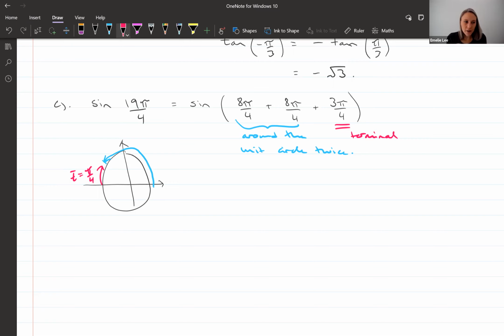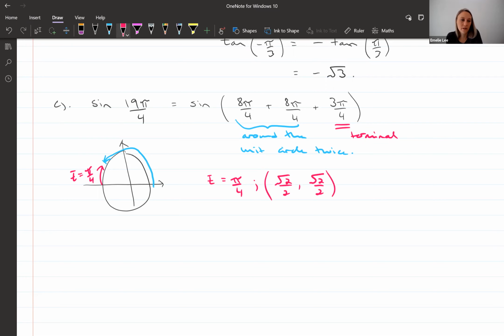So now that I know my reference number, t bar is pi over 4, which has a terminal point at pi over 4 of root 2 over 2, root 2 over 2.